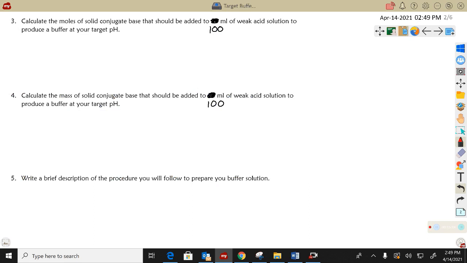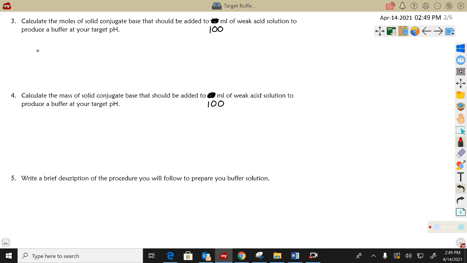Next problem, number 3. Calculate the moles of that solid conjugate base that should be added to 100 milliliters of the weak acid. Well, what if we don't want to make a whole liter? I'm just going to make 100 milliliters. So, the easiest way to set this up might just be to use some simple ratios.